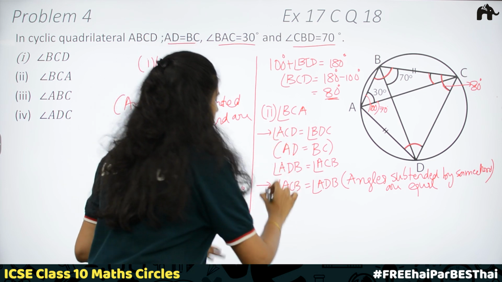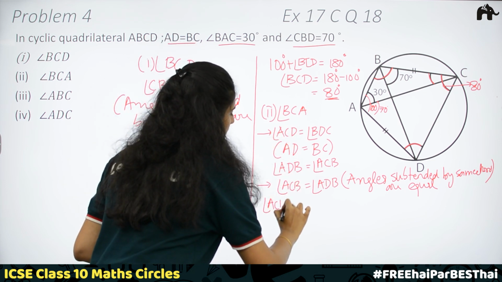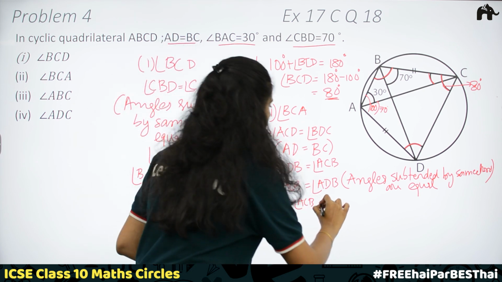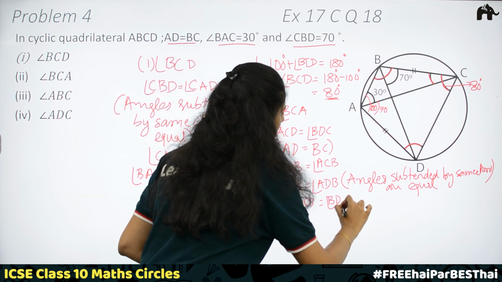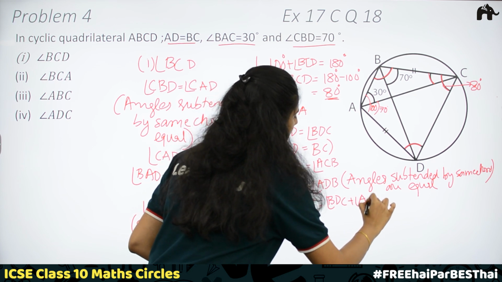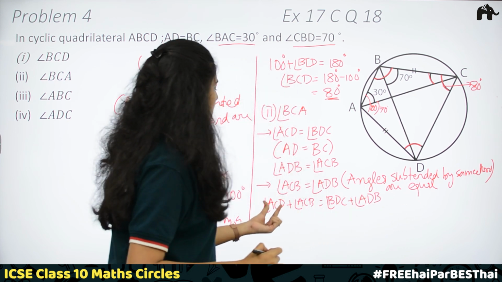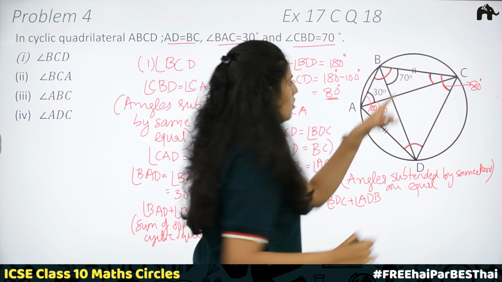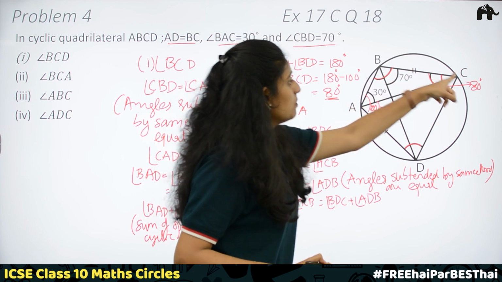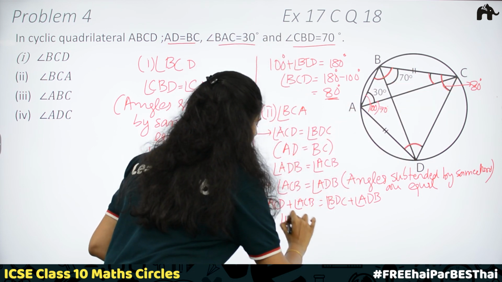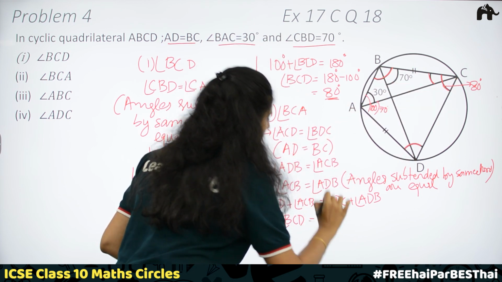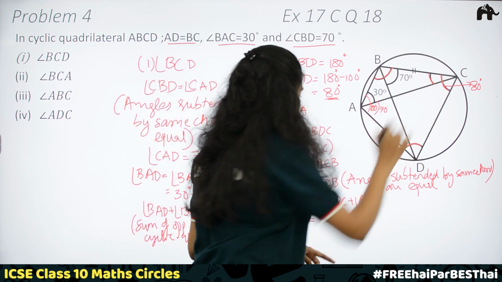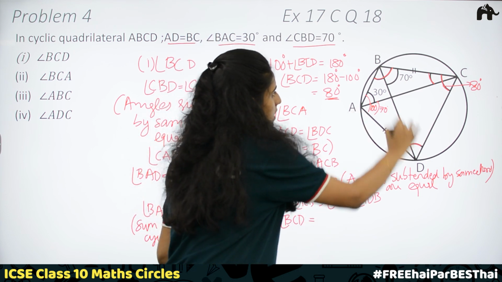Adding these two, we get angle ACD plus angle ACB on the left hand side, and on the right hand side angle BDC plus angle ADB. What is ACD plus ACB? On adding, we will be getting this total angle BCD. Angle BCD is equal to BDC plus ADB, this angle.